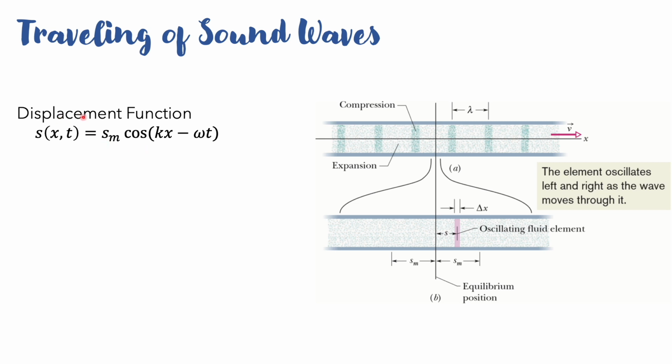So this displacement function can be written like this: s is equal to sm cos(kx - omega t). Sm is the amplitude, like in the previous case it was ym.